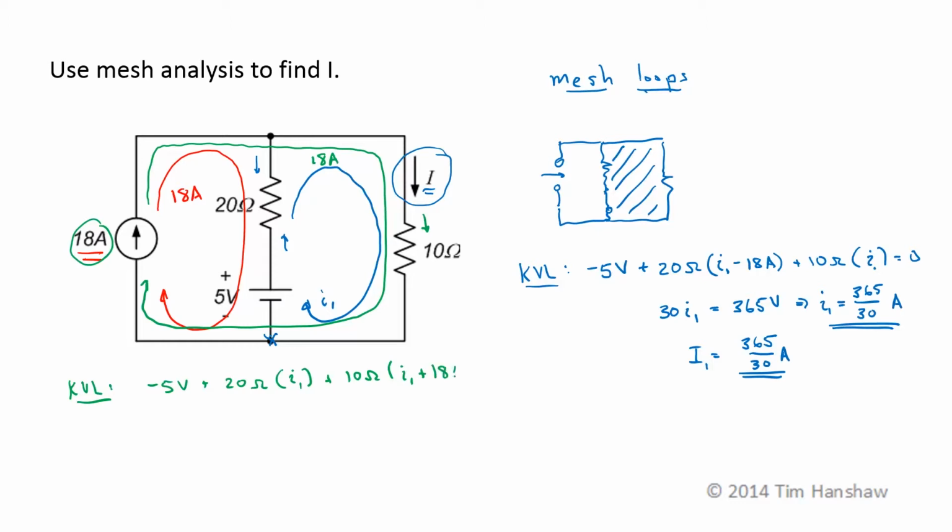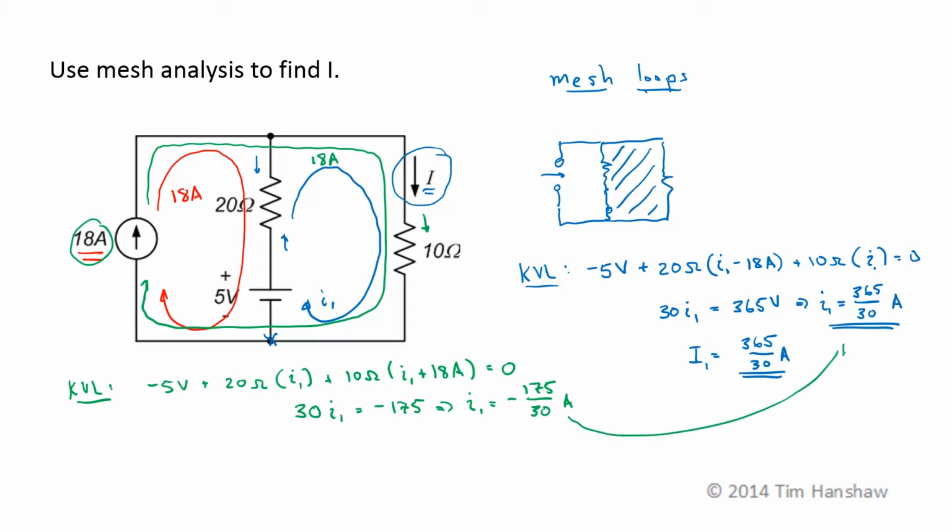So that's I1 plus 18 amps. That brings us back to our starting point. That's 0. 10 times 18 is 180, minus 5 is 175, so the algebra makes this 30 I1 equal to negative 175. So now my mesh current I1 is negative 175 over 30 amps.